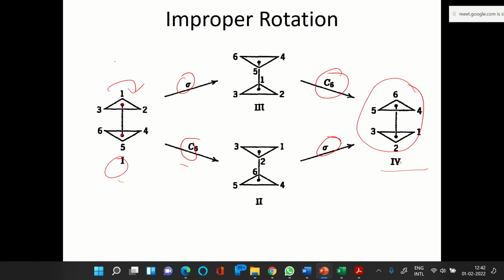So somewhere here I should get it. So 2 is coming here, 1 is coming somewhere here. So see, 1 here, 2 here, and 3 going over here. So like this it is making out. So this is what has happened. Similarly 4 5 6 is here.